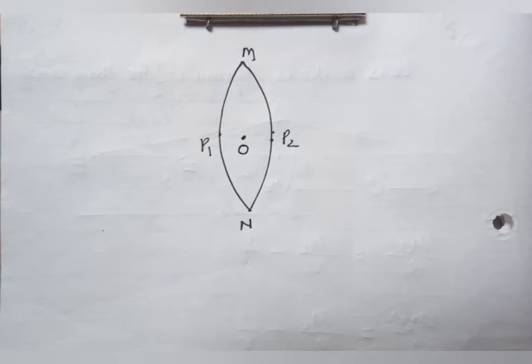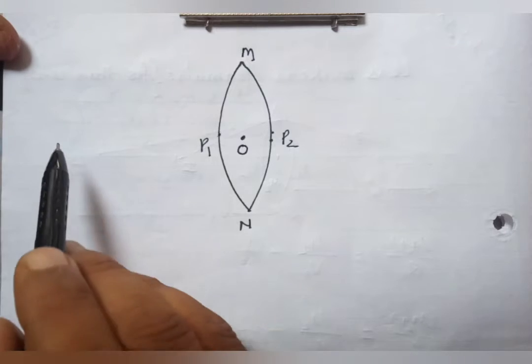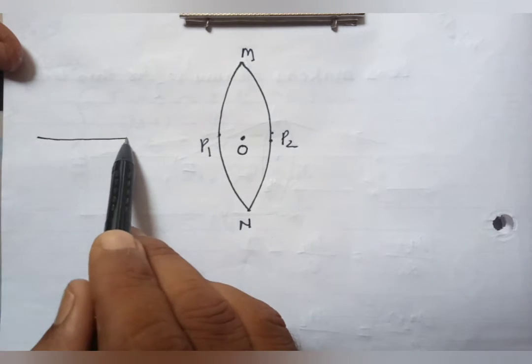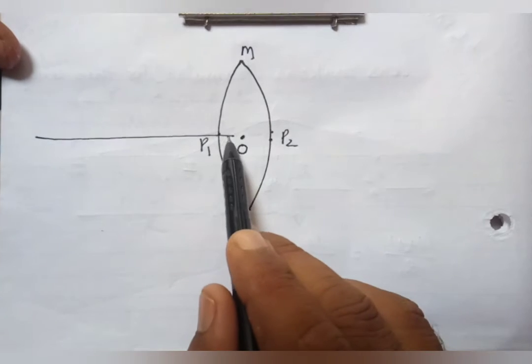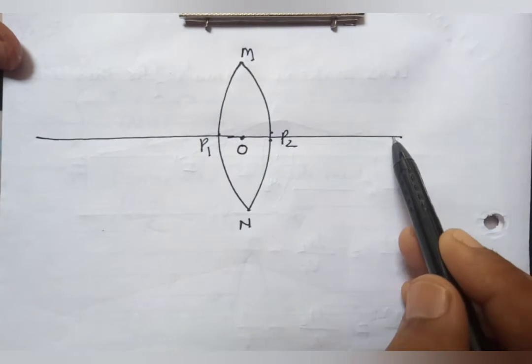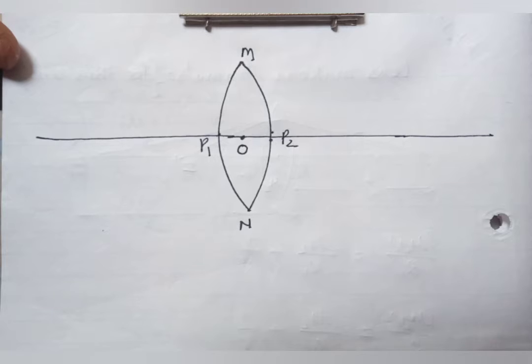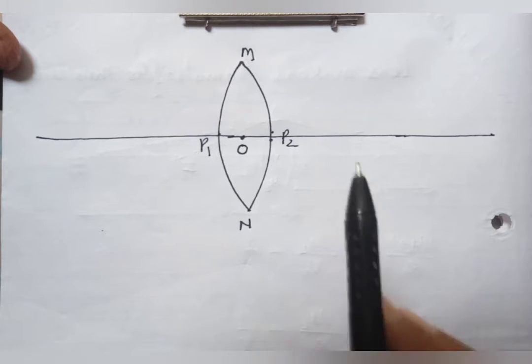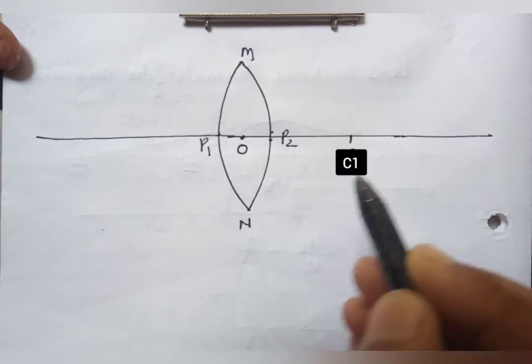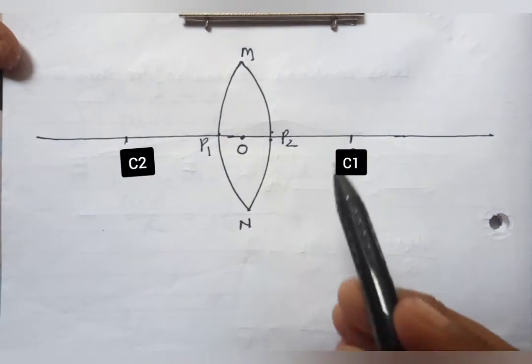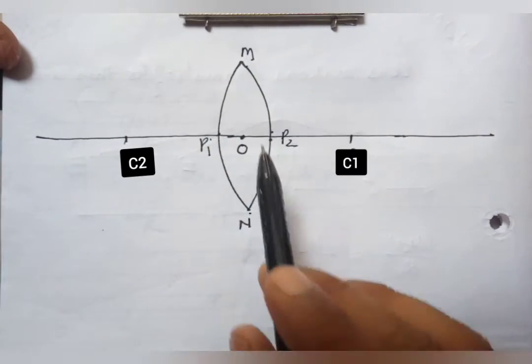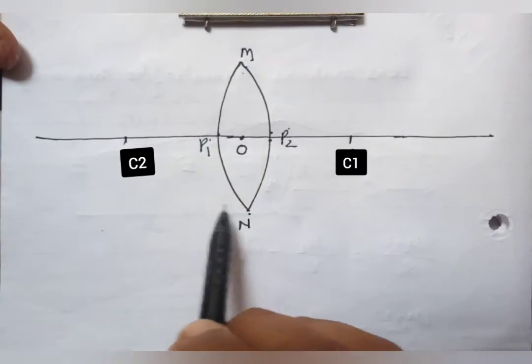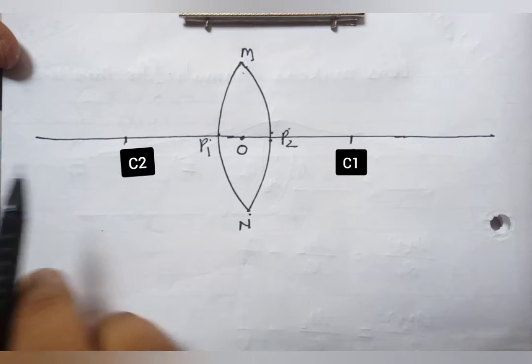So what is a lens? A lens is a transparent medium bounded by two curved surfaces. This is the principal axis. The centers of curvature of the two surfaces are C1 and C2: C1 for surface MP1N and C2 for surface MP2N.